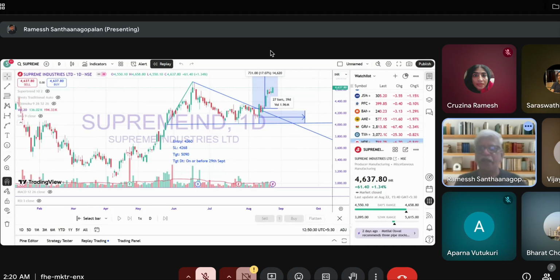I told you, you have to enter at 4360. Stop loss is 4268. If it hits your stop loss, how much loss will you make? You bought it at 4360, but it hit the stop loss at 4268. What money are you losing?